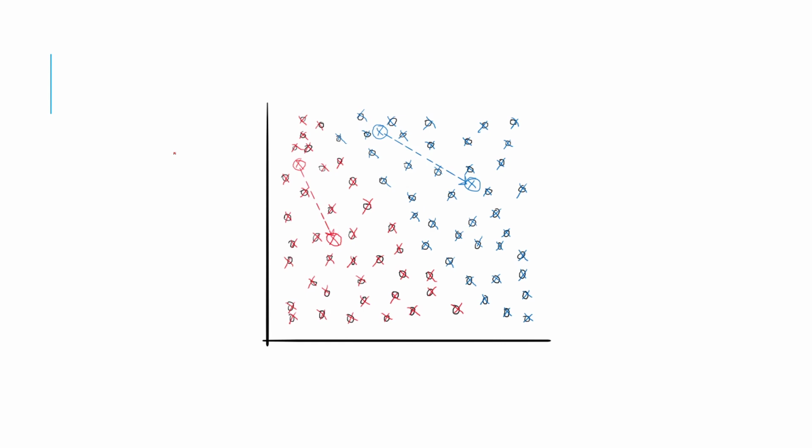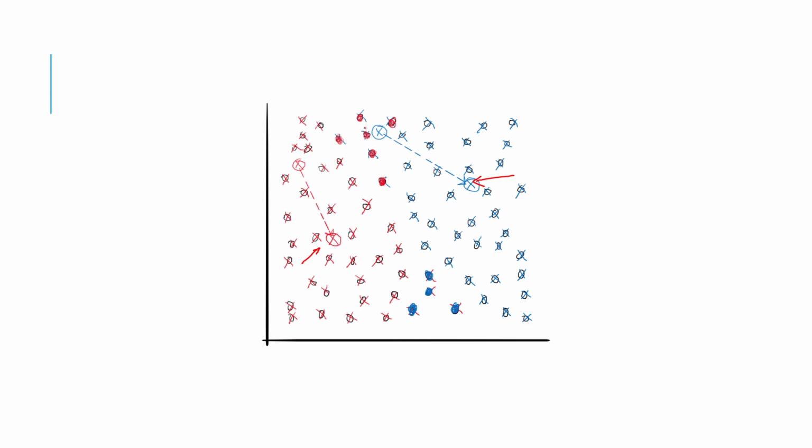So given the new cluster assignments, we recompute the cluster centers. And so we can see here that the cluster centers have moved after recomputing based on the new cluster assignments. And then from those new cluster centers, we assign each data point to its nearest cluster center.